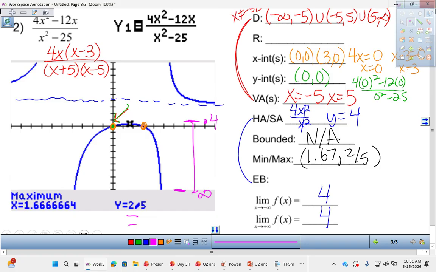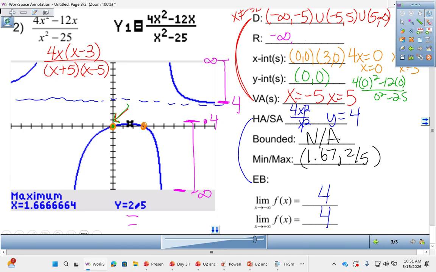Then it takes a break and picks up again right here. This is the horizontal asymptote. We figured that out to be 4, and then it goes up. So my range is going to be negative infinity to the negative point, or sorry, that's a positive 0.4. Negative infinity to 0.4, and then there's this break, and then it's 4 to infinity.